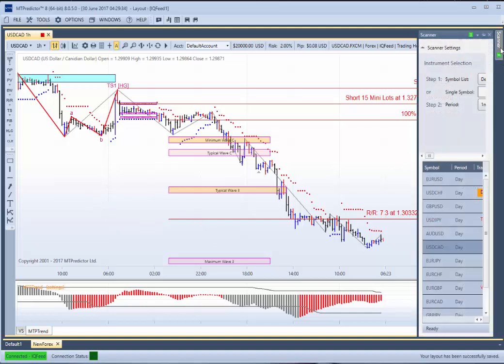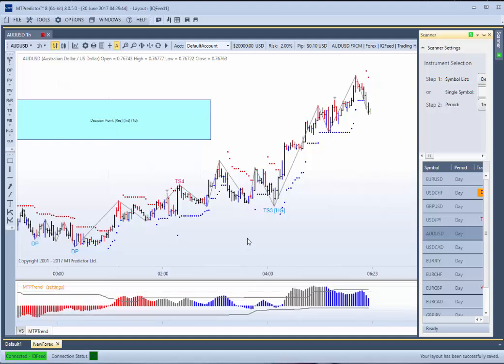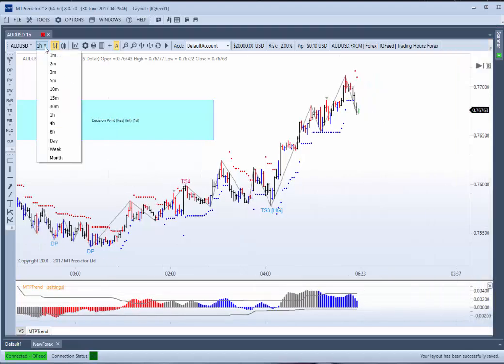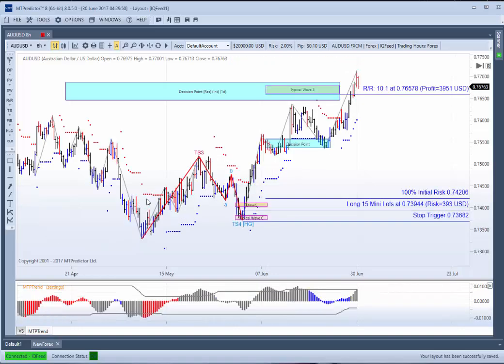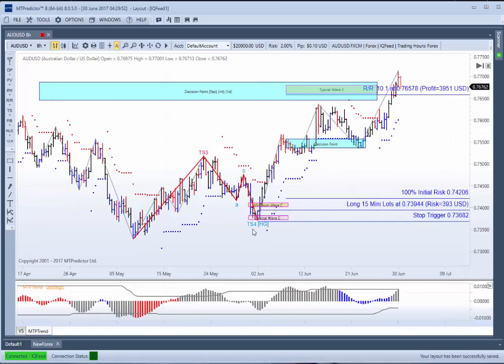There have also been some other good trades on Forex. One in particular we've been looking at in our MTPredictor customer training webinars has been on the Australian dollar, US dollar, and this was actually on an 8-hourly chart. If I go out to the 8-hourly chart, this was a TS4 Holy Grail buy setup, and this was brought to our attention by one of our traders down there in Australia, Bill.